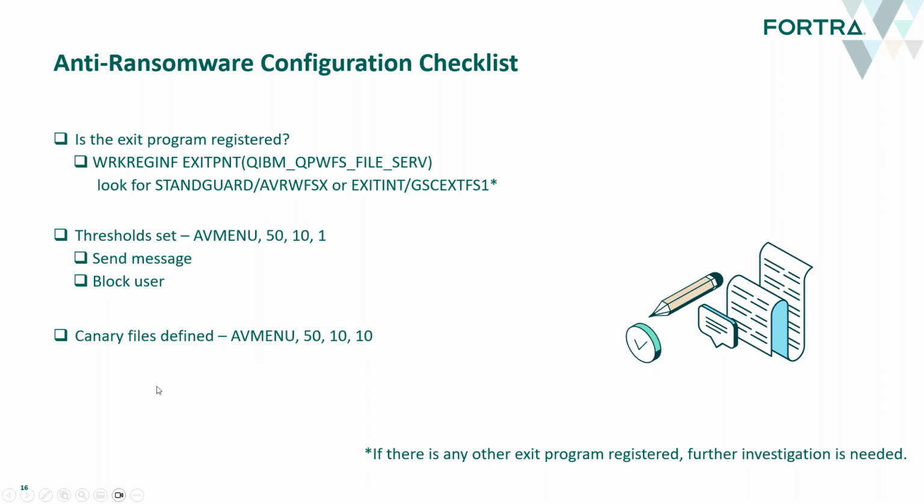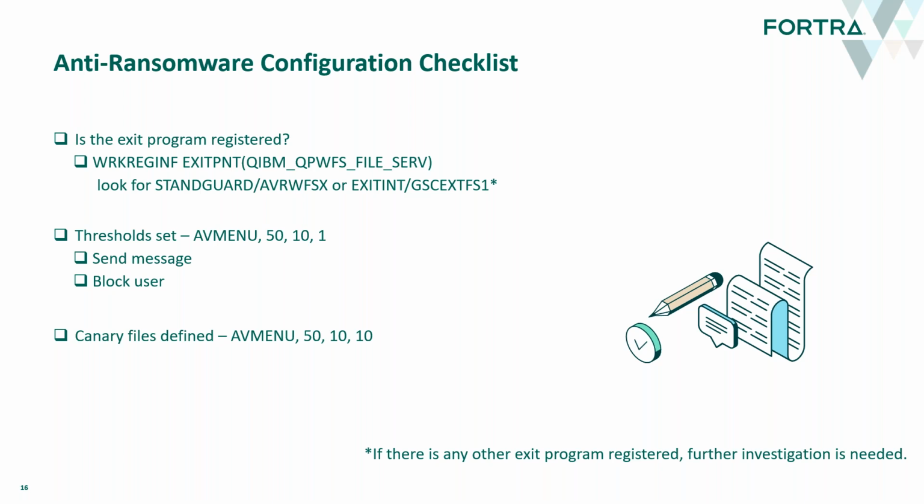You also want to define canary files. So if you have file shares, I would recommend creating a canary file in the parent directory of your shares. So if you have the home directory shared and all your users have access, put a canary file there. The canary file is going to be, think of it as a honeypot. It's going to look attractive. The threat actors are going to want to go look at it because it's something that they're going to hold for ransom or threaten to expose.